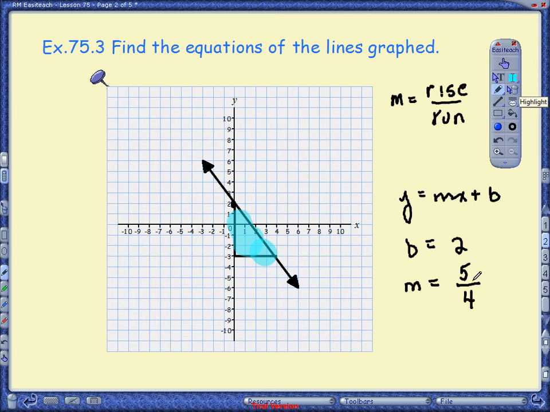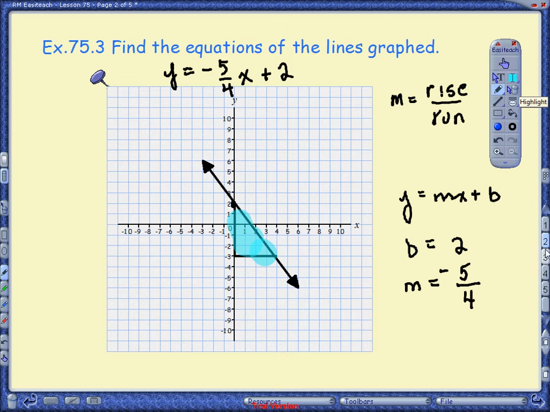So our run is 4. The other thing we want to notice is as we move from left to right, we come to the line and we have to go downhill. That means that the slope is negative. We're now ready to write the equation of this line. y equals -5 over 4 x plus 2.